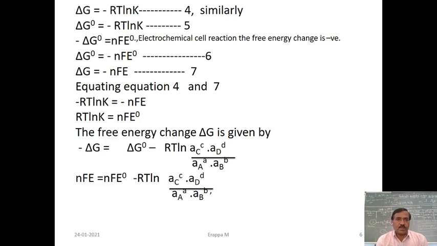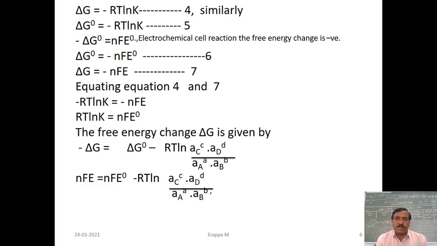Transferring the minus sign to the other side, delta G is equal to minus RT ln K, equation 4. Similarly, delta G0, the standard free energy change, is equal to minus RT ln K, equation 5.